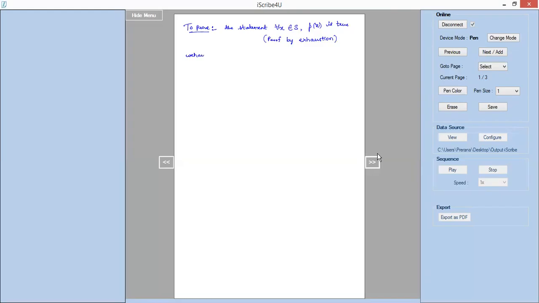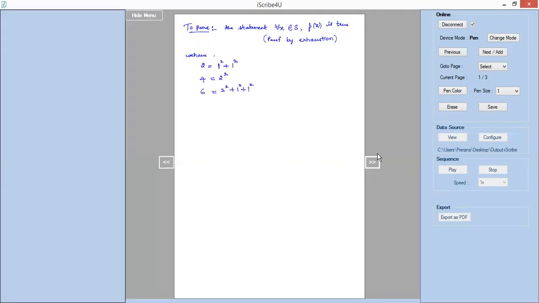Proof by exhaustion. So we will do it one by one. Writing down for 2, we can express 2 as 1 square plus 1 square. So a sum of 2 perfect squares for the number 2. Next, what about 4? 4 we can express as 2 square. Then 6. 6 can be expressed as 2 square plus 1 square plus 1 square.